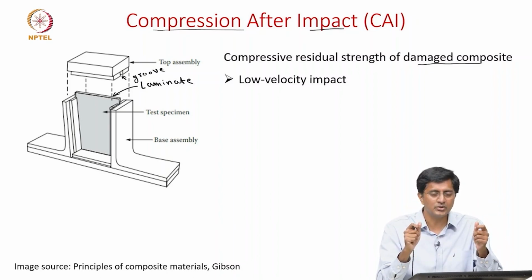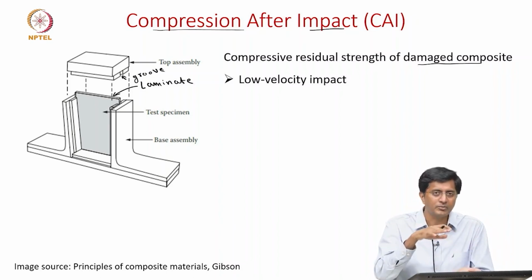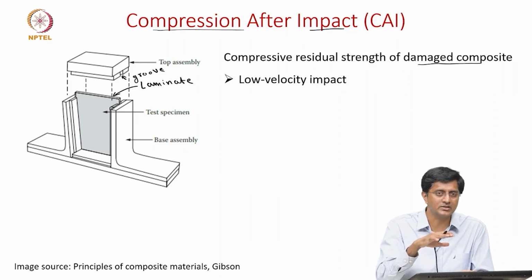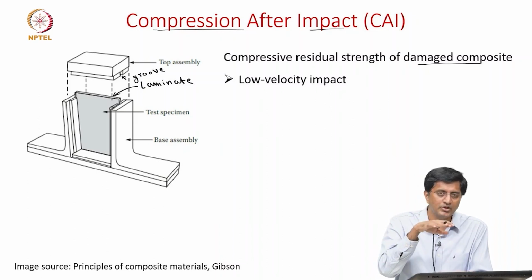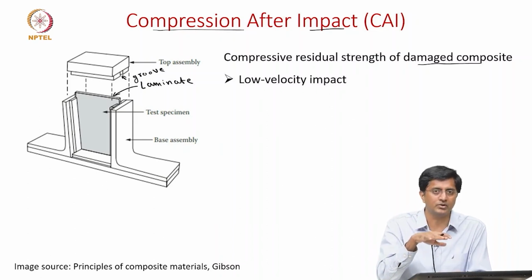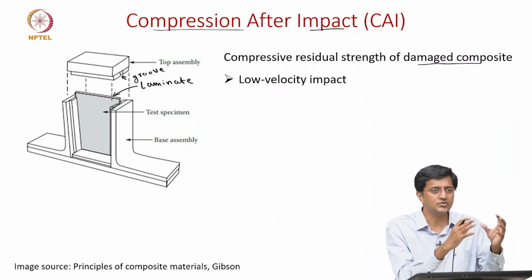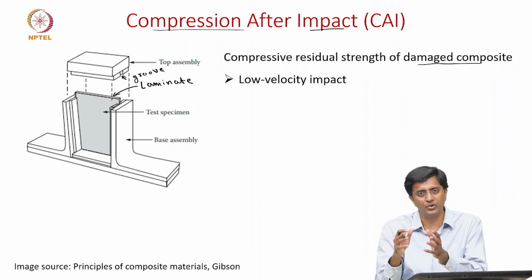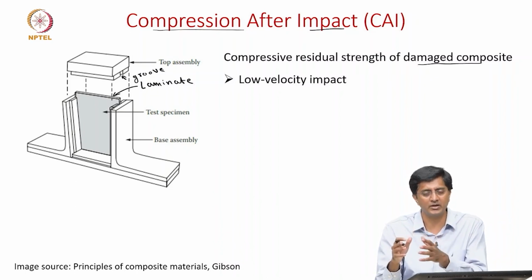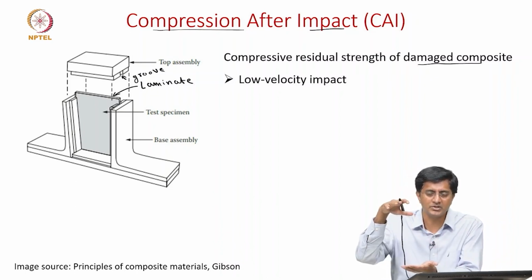These grooves will ensure that while you apply a compressive load, this panel doesn't buckle, or at least the resistance to buckling is there. So essentially we are looking at what is the compression load this panel can take before failure. The reason why we do this test is that if we do the test for a perfect undamaged panel versus repeating the test with a damaged panel, we expect that the compression strength will be less.